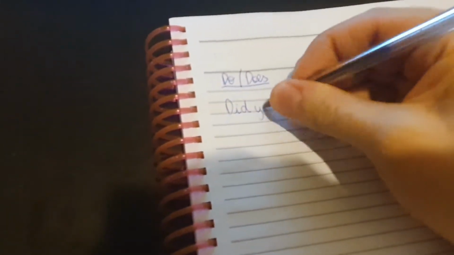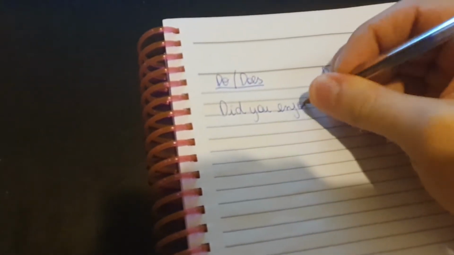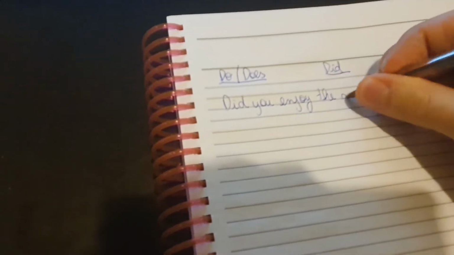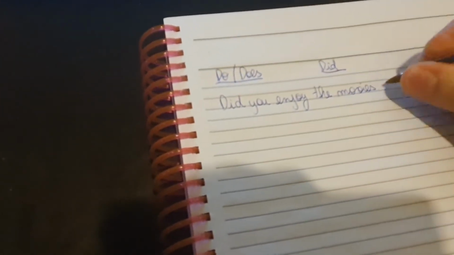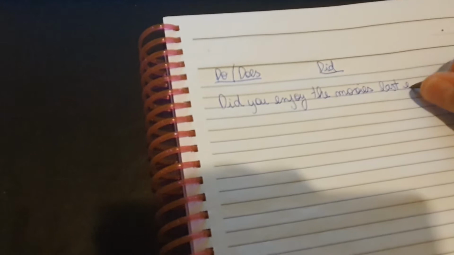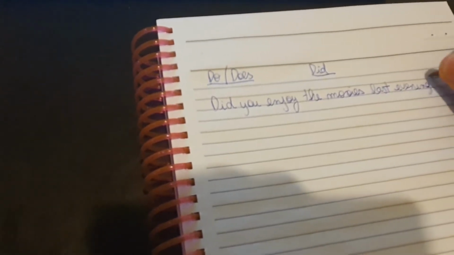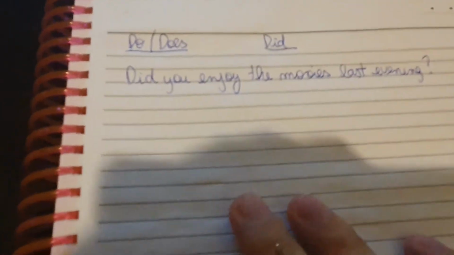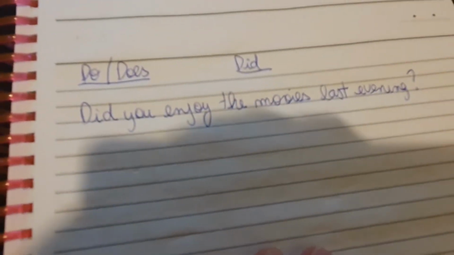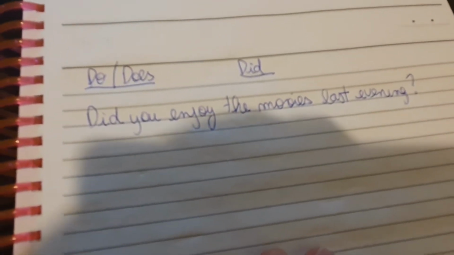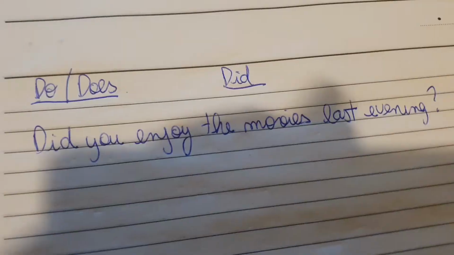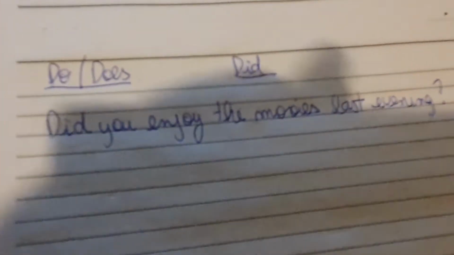Did you enjoy the movie last evening? So I went to the movies last evening and somebody asks me whether I liked the movies or not. Did you enjoy the movies last evening?